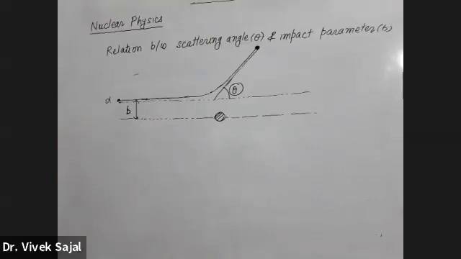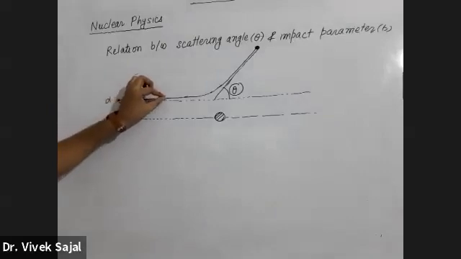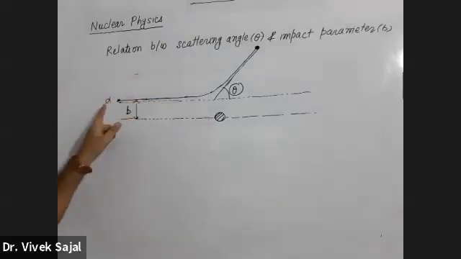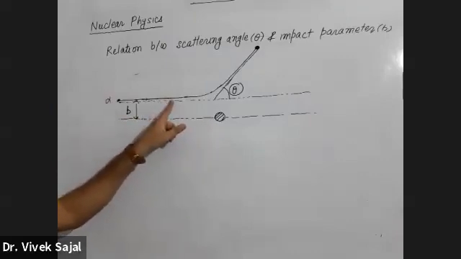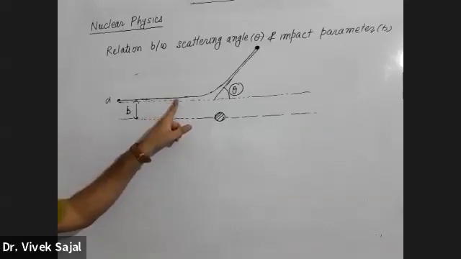Could you please repeat theta? I will repeat. Basically the alpha particle is coming from this side. As it moves in the forward direction, it is positively charged, so as it moves towards the nuclei, the repulsive force between them will increase.